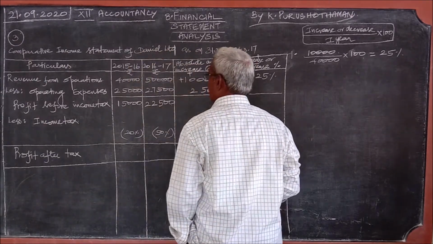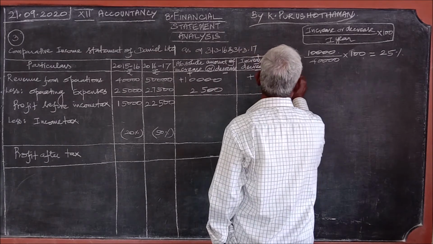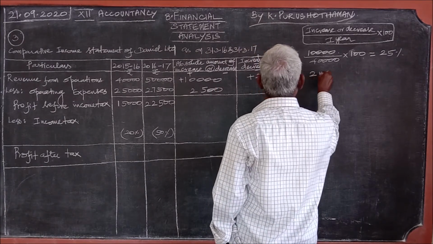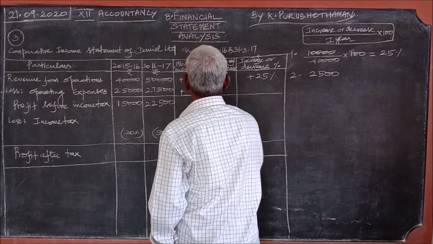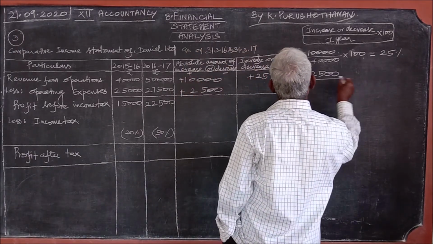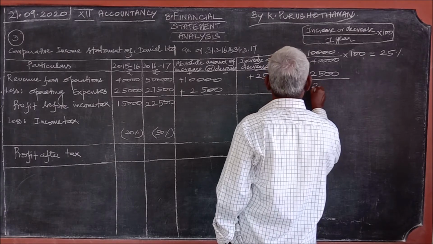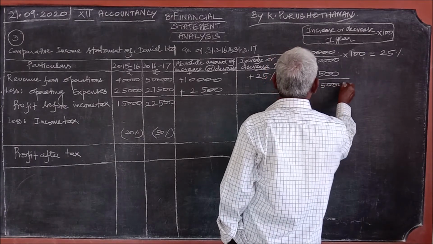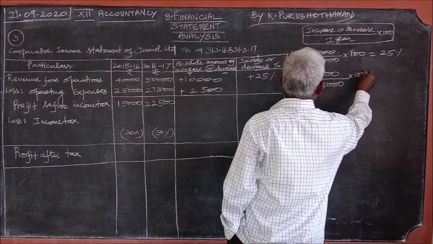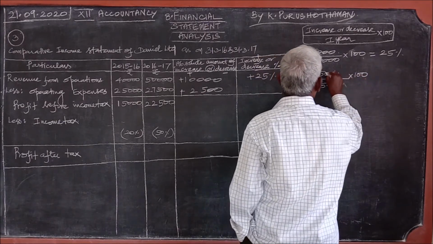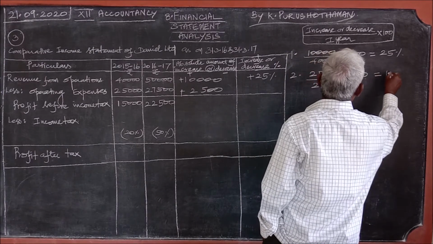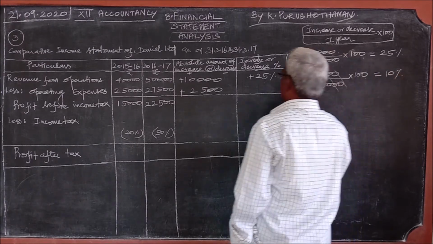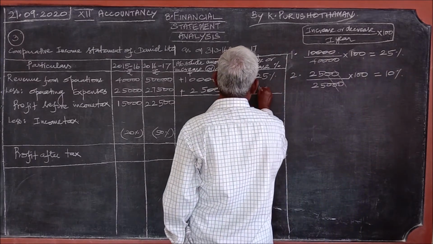So for the second one, 2,500 is the increase. Increase by the first year 25,000 into 100. If you simplify, 100 by 10, 10%. So it is plus 10%.